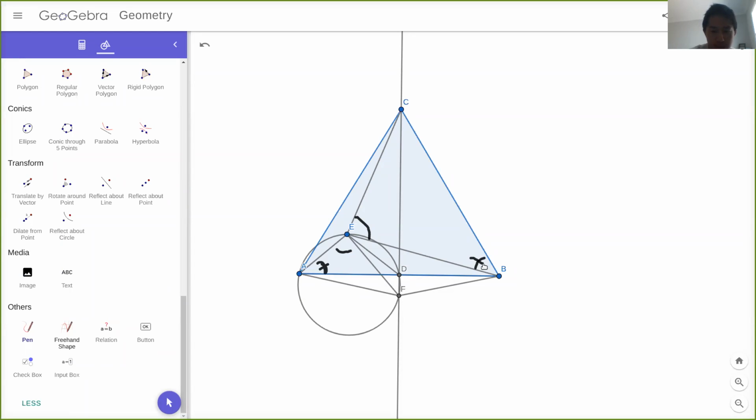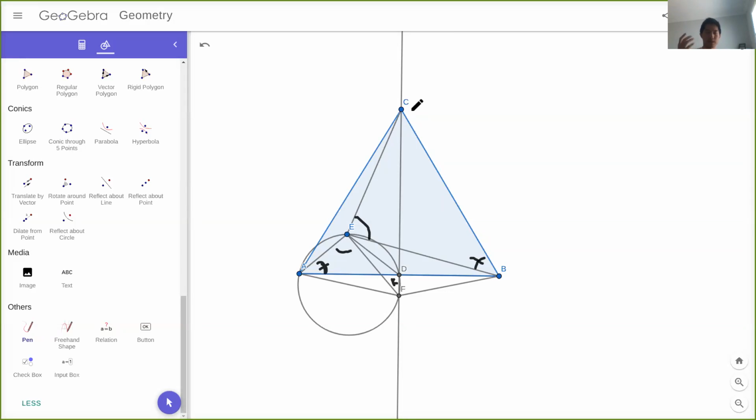And so angle EAB, we can also say it as EAD. And since we defined F to be on this circle, it's actually also equal to this angle, EFD. And angle EFD, we can rename as EFC because D is on CF. And so EFC equals angle EBC. So then CEFB is cyclic. So that's it. That's what we reduced the problem to.